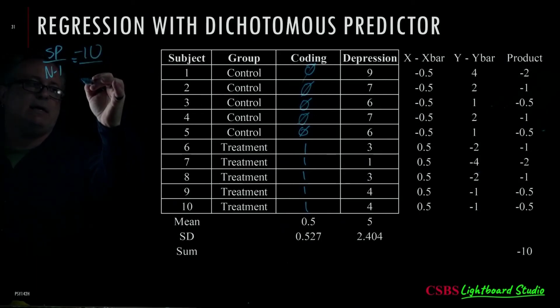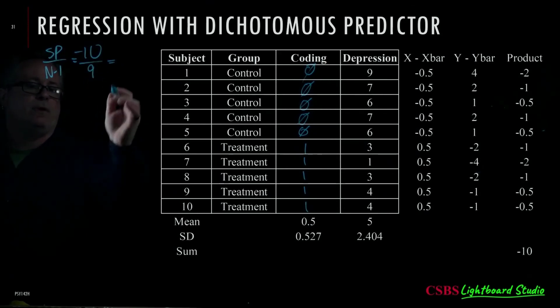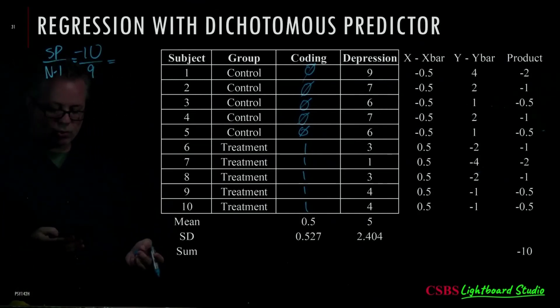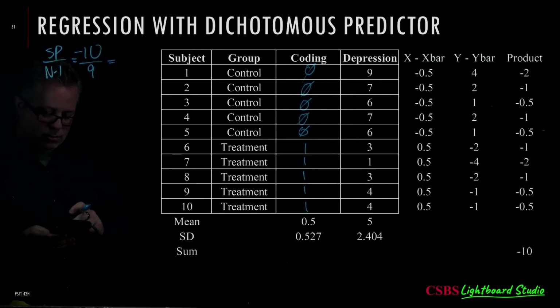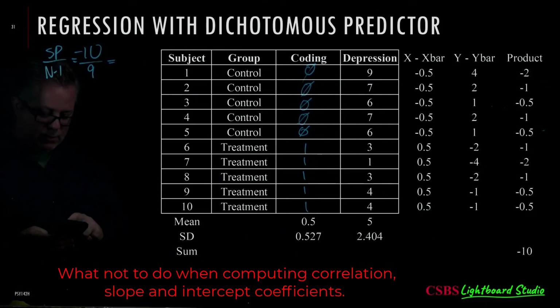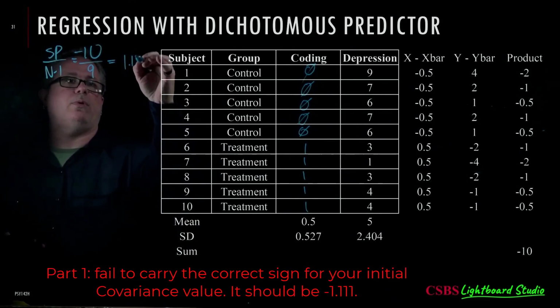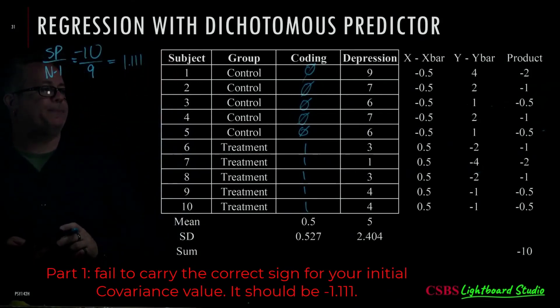Well, I have 10 subjects, so I'm going to have 9 degrees of freedom there. What's 10 divided by 9? 10 divided by 9 equals 1.111, which is my covariance.